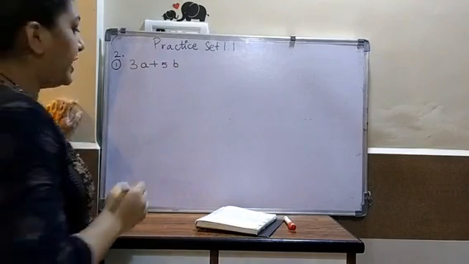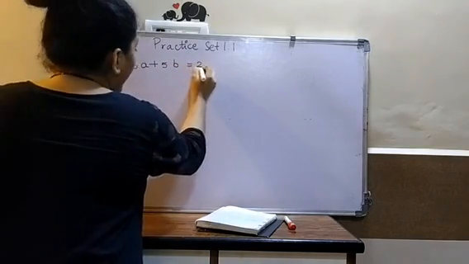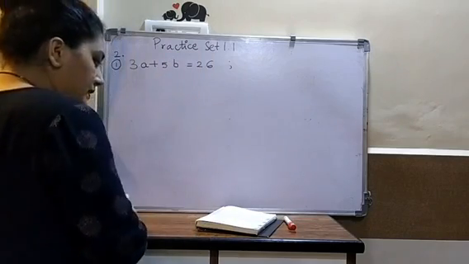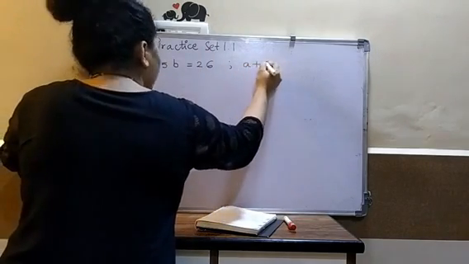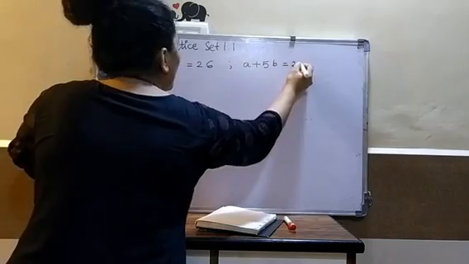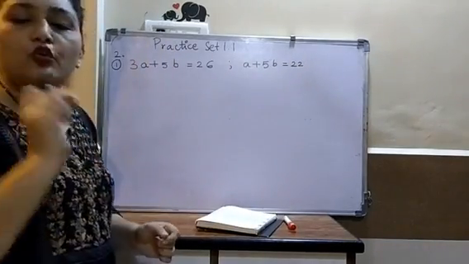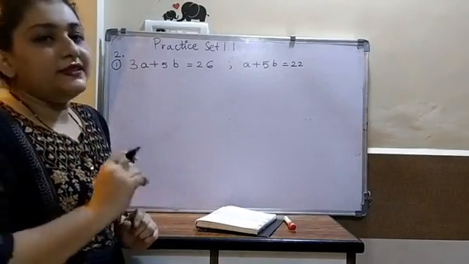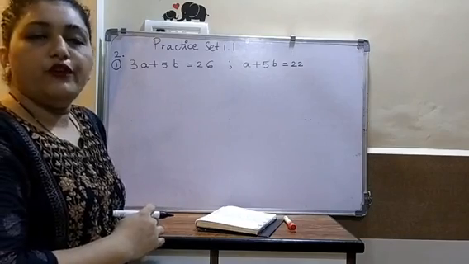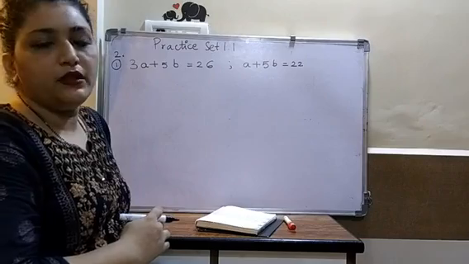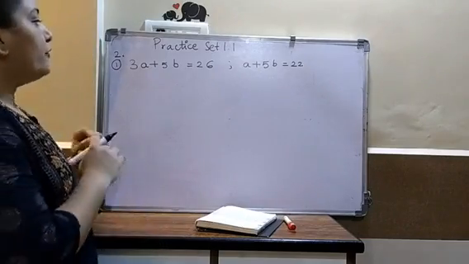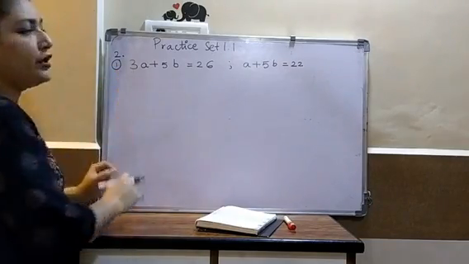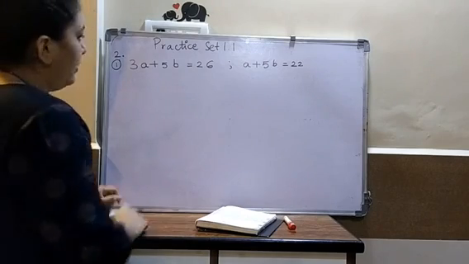3a plus 5b is equal to 26, and the second equation is a plus 5b is equal to 22. So we have two linear equations here. Now what is the procedure you are going to follow? The very first thing, which is very simple, is that you will number your equations.